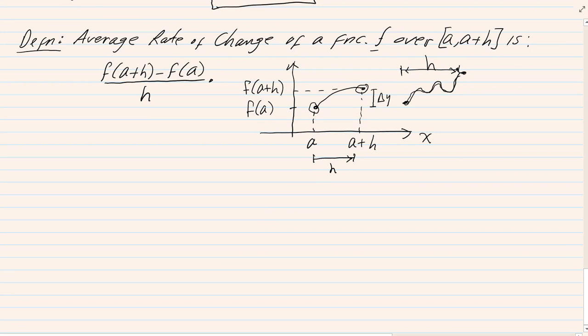Now, if you're interested in the rate of change at a point, which we call instantaneous rate of change, we do the limit now. So let's call that instantaneous rate of change of a function.